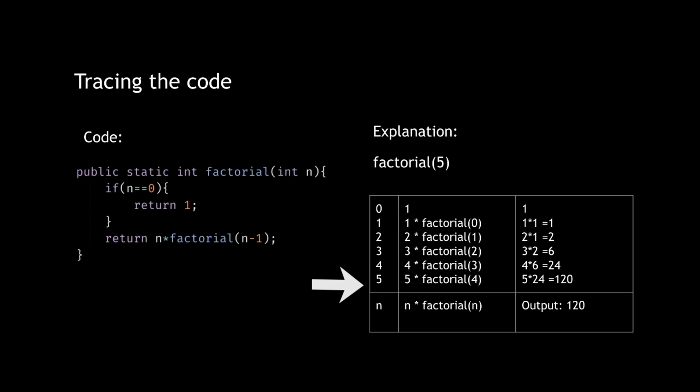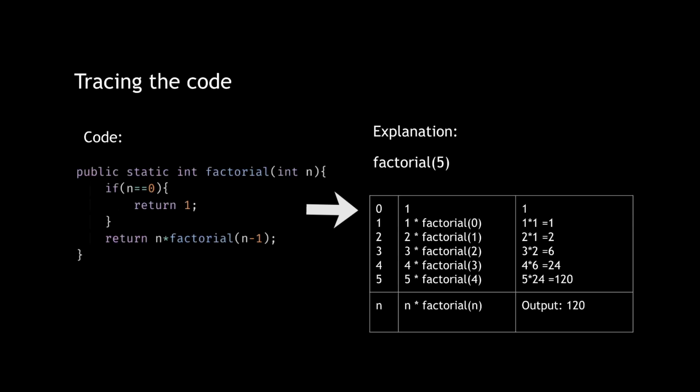But we don't know factorial(4), so the program goes with n equals 4 to find it. It goes through the if statement of the base case, finds that it doesn't match, so it also returns n times factorial(n minus 1), which is 4 times factorial(3). Then it does this for n equals 3, n equals 2, n equals 1, and once it reaches the base case of n equals 0, it returns 1.